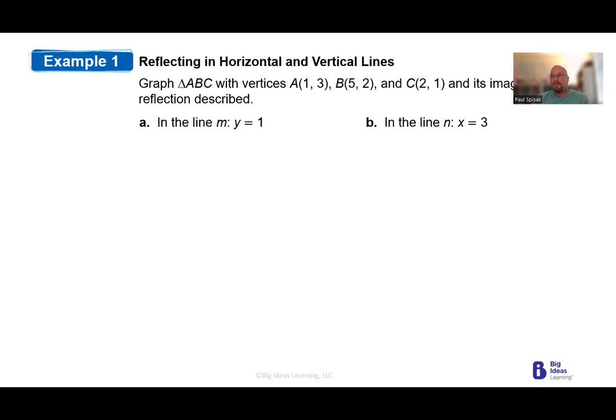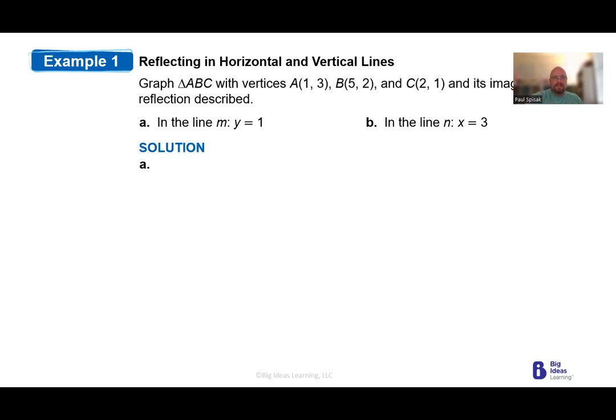Anytime we reflect in a horizontal or vertical line and we're given points, the points will be changing the x coordinate or the y coordinate just by changing a negative sign, and it's the opposite if it's in the x-axis or the y-axis, whereas if it's being reflected in a line that's not the x-axis or the y-axis, it's going to be shifted however many units away it is from the line given.